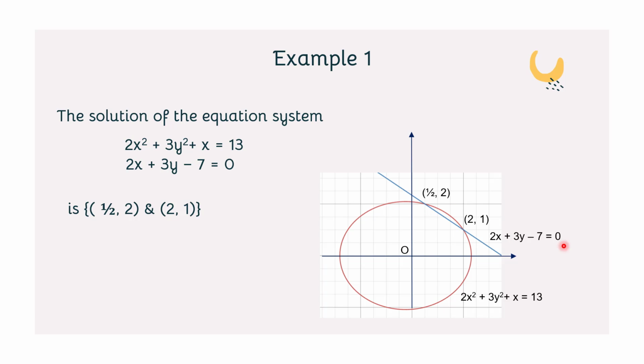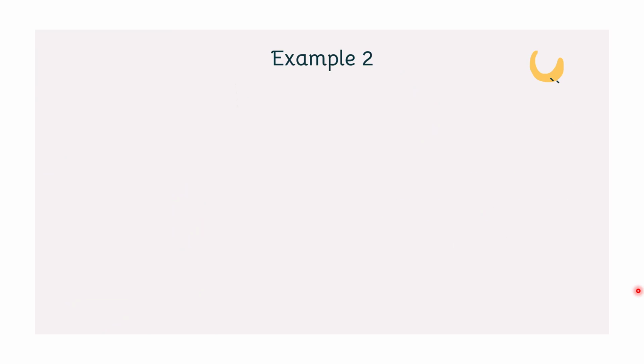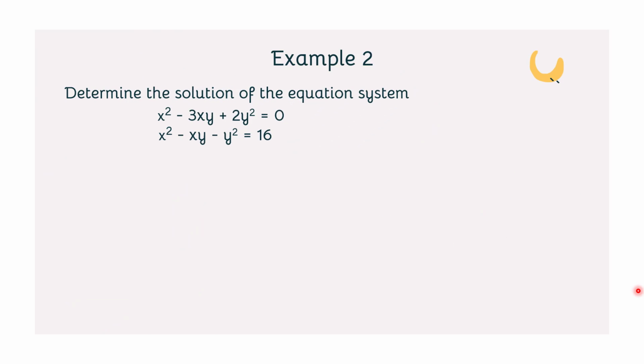Okay, so let's move to the third part, about the solution of a quadratic equation system. Let's see example 2. In this case, we have both equations in order 2, or both are quadratic. So what do we do here? In this example, one of the quadratic equations can be factorized. So x squared minus 3xy plus 2y squared equals 0 can be factorized like this.